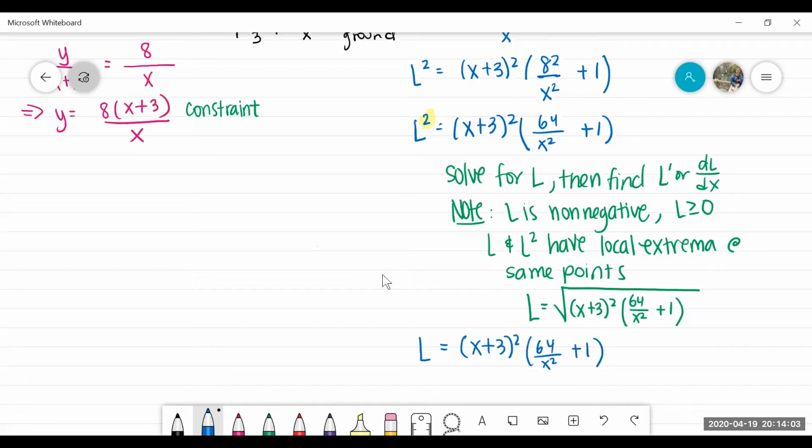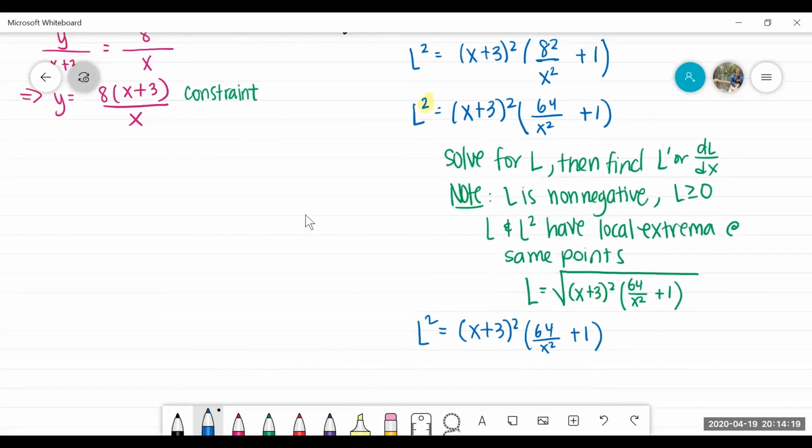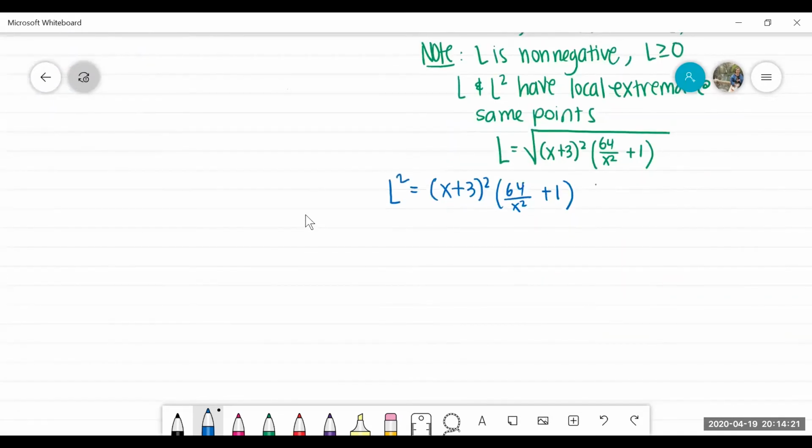And we can just find the derivative of this. And this only happens because we have a non-negative function. So I guess I should still call this L squared, but what we can do is find the local extrema of this function instead of having to do it with that function. Again, it's only because we're non-negative and they're going to end up having the same points.